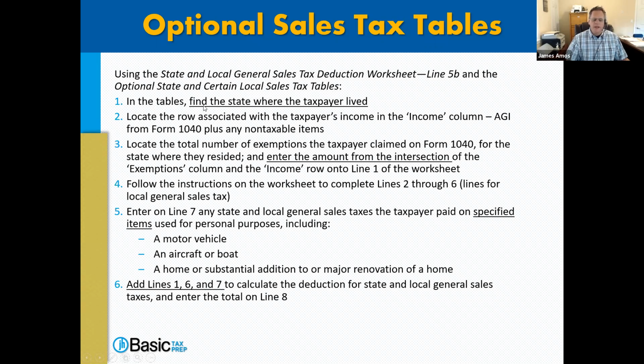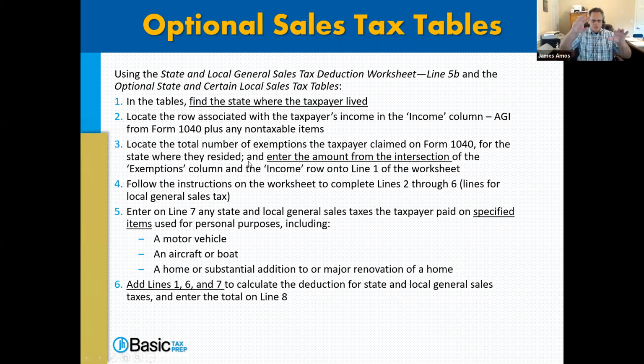We'll take a quick look at it, but we're not going to spend time doing it because you're not going to get tested on this kind of thing. In the tables, you find the state where the taxpayer lives. Okay, then you locate the row associated with the taxpayer's income, their AGI. Then you locate the number of exemptions the taxpayer claimed on the Form 1040 for the state where they resided.